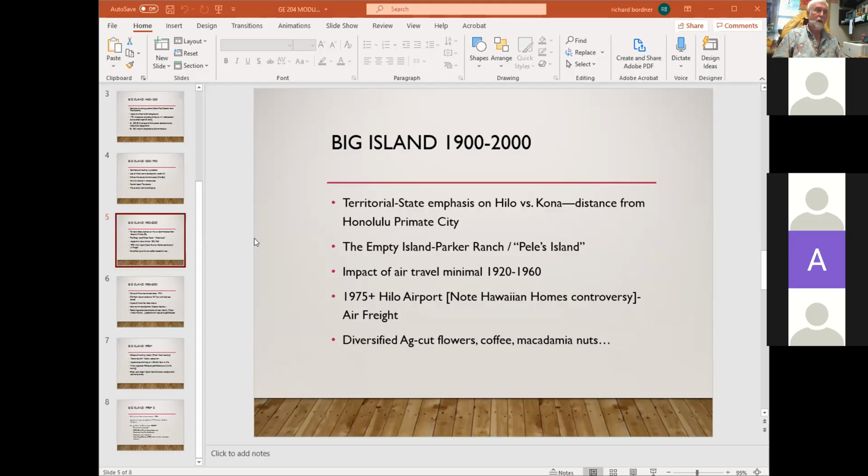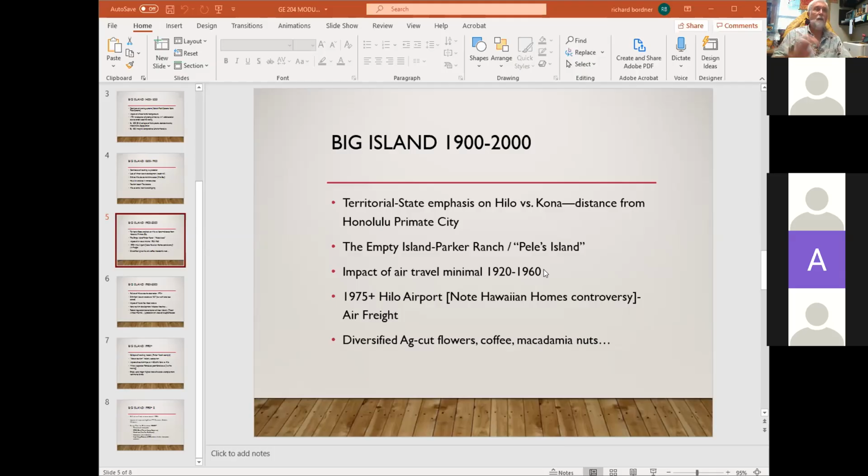It was really far, and in a DC-3, it would probably take you about 3 or 4 hours to get to the Big Island, because they don't go very fast. They're only about 100 miles an hour. So the Big Island, even with air travel, doesn't really become more included in the idea of the Hawaiian travel or tourism experience.